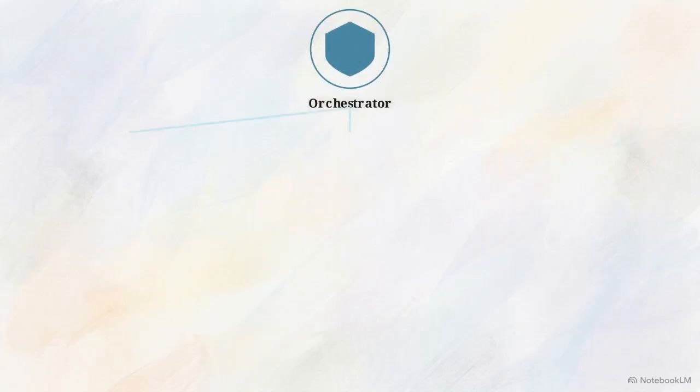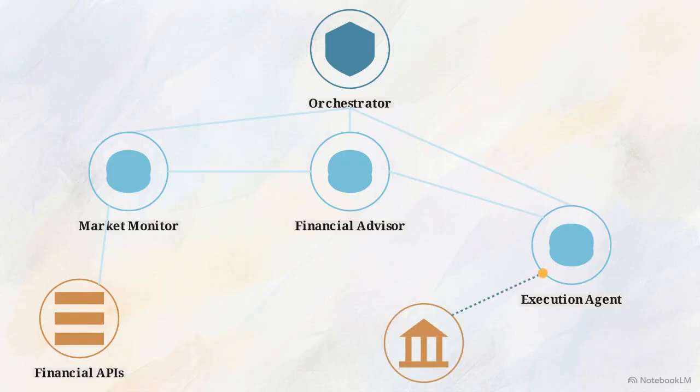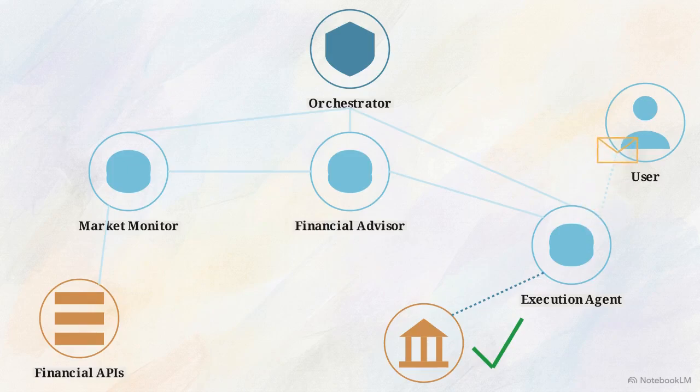First, the Market Monitor node continuously pulls financial APIs to track price fluctuations. Identifying a favorable drop, it fires a data packet to the Financial Advisor node. This node analyzes portfolio rules to determine the exact budget allocation and passes those finalized parameters downward. Finally, an execution agent interfaces securely with a brokerage API, places the actual purchase order, and pushes a confirmation notification directly to the user.